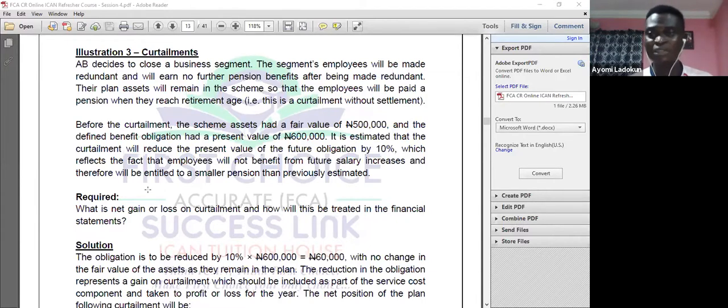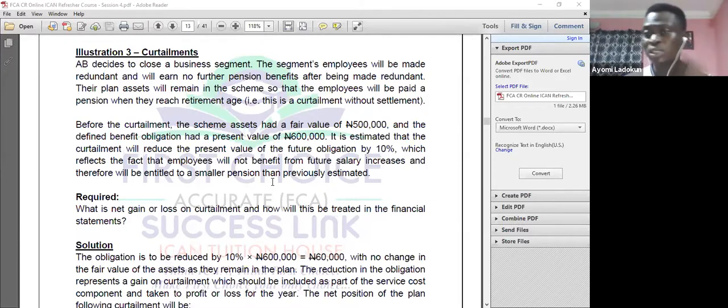Where is my service cost component? We said three things constitute our service cost component, which is, what's it called now? Current service cost, past service cost, and of course any gain or loss on settlement. All right, and there's going to be a charge into your profit or loss account, and of course you also take into account contribution made into the plan, and the benefit paid.